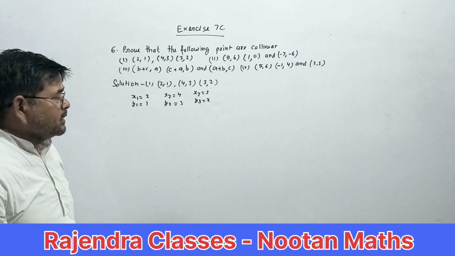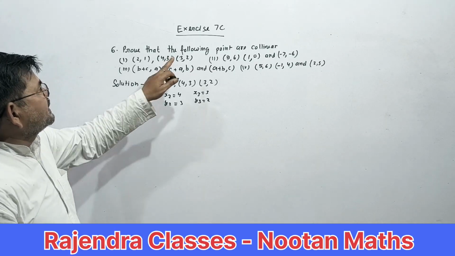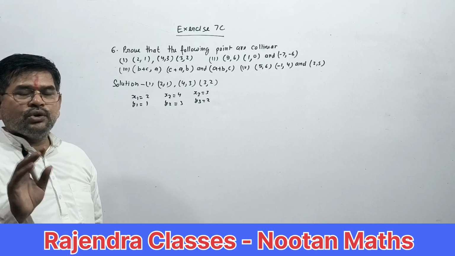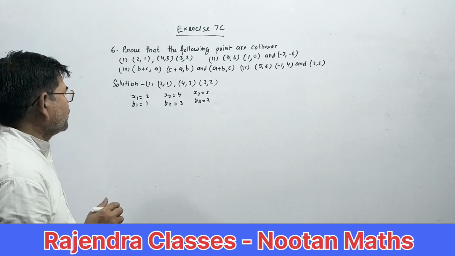We know that if the given points are collinear, so area of triangle is 0.